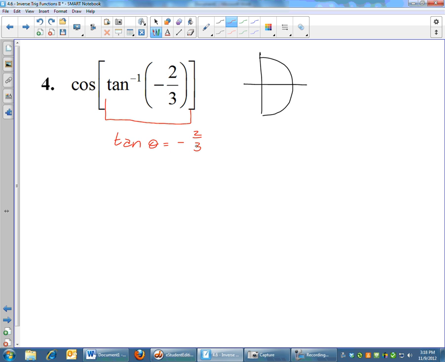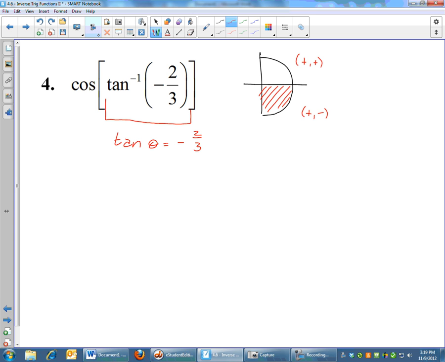Well, if tangent is negative, and you get tangent by dividing your sine and cosine, the only way you're going to get a negative answer in the right side of the circle is if you were in the fourth quadrant. Because in the fourth quadrant, x coordinates are positive and y coordinates are negative. If you divide those, you will get a negative answer. In the first quadrant, both coordinates are positive, which will not give me a negative when you divide. So I know I'm looking in the fourth quadrant, and that's where I draw my triangle.